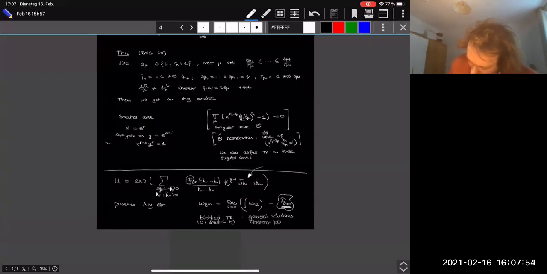We did it in the quadratic case, but if you have higher order, it's always the same. It is expressible by a formula which is not TR, it contains more terms. And that's what the blob TR does. And if you decide to normalize on omega 0,2, it corresponds to only allowing these linear and quadratic operators, and you land back on TR.